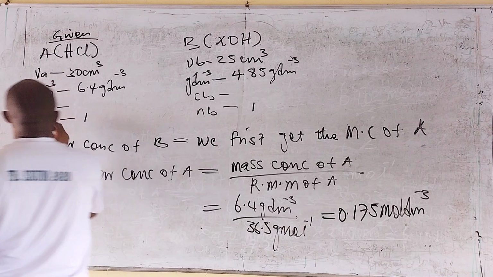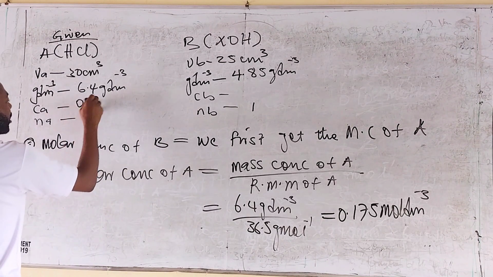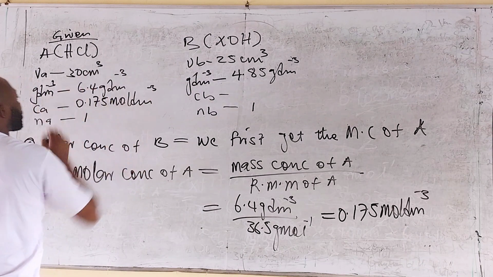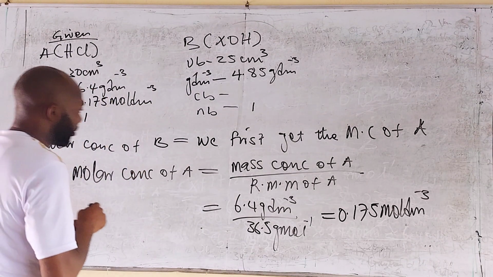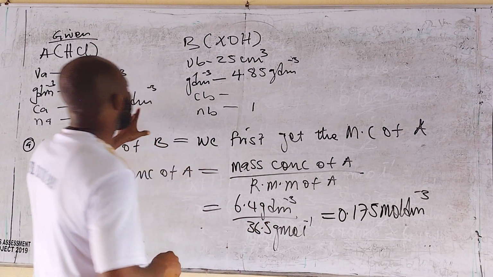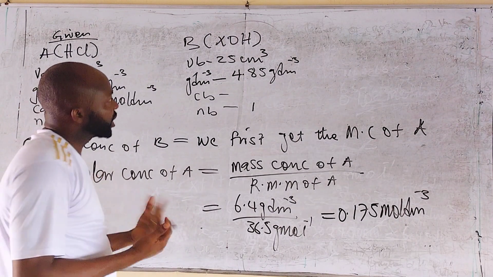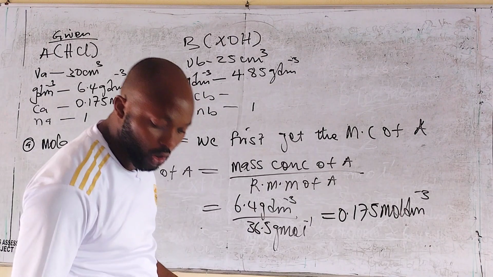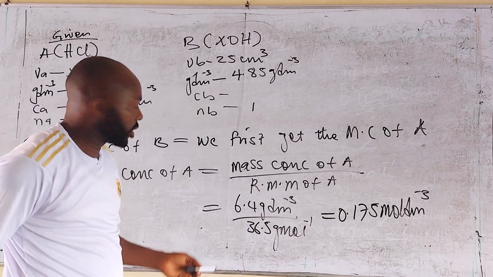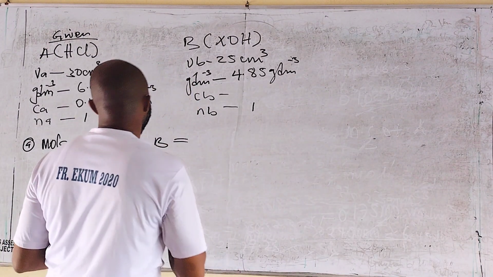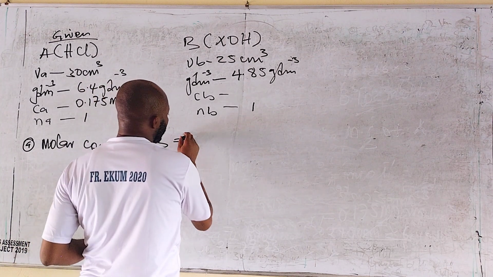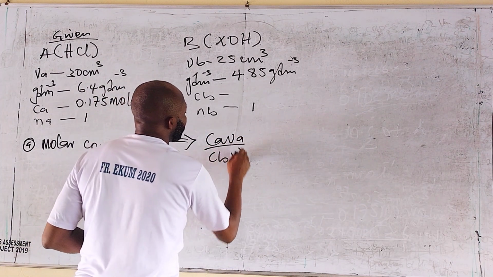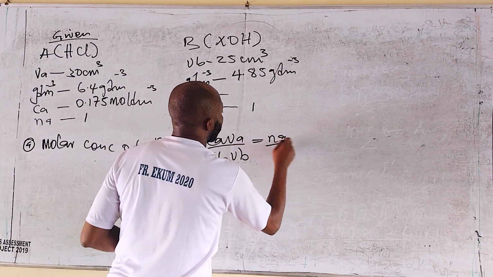So now I come back here, 0.175 mol/dm³. Now I've gotten this, we can patiently go back to the original question, which asks for the molar concentration of the base. So the molar concentration of B will be gotten through the formula CAVA over CBVB equals NA over NB.